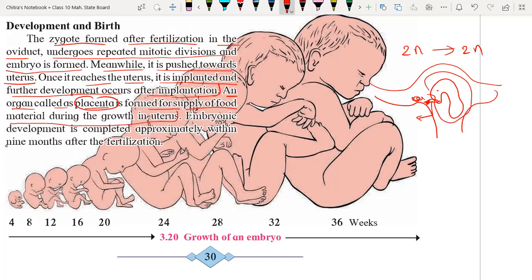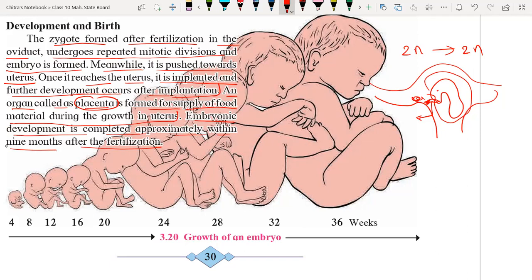Embryonic development is completed approximately within 9 months after fertilization. So when fertilization takes place, it takes about 9 months to get a fully developed baby.